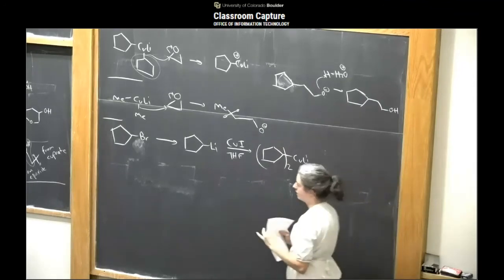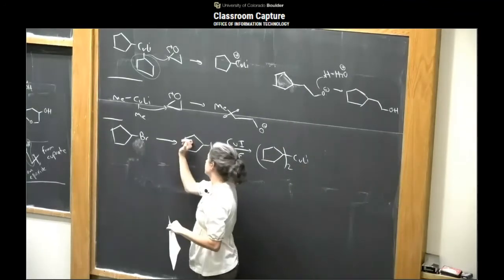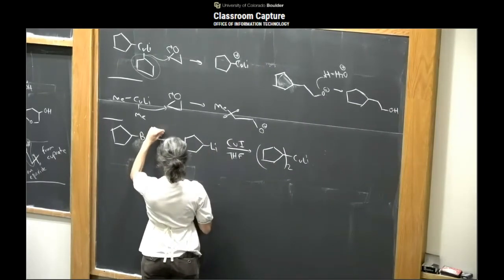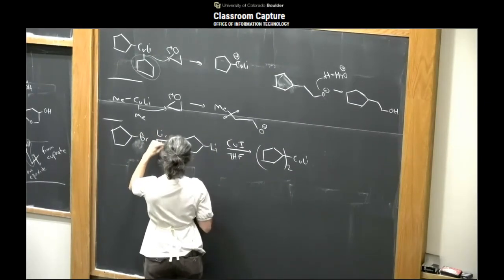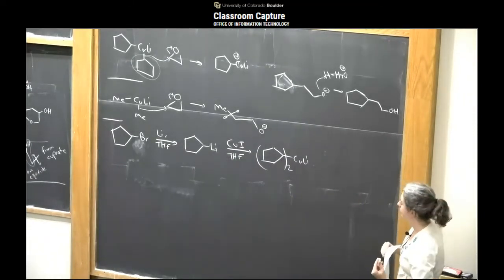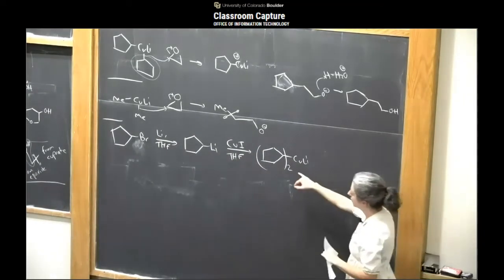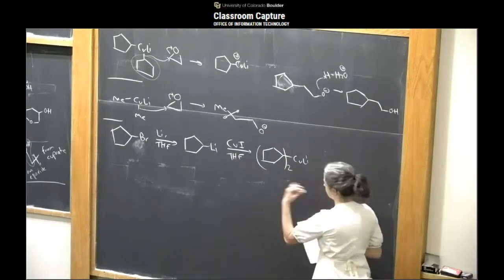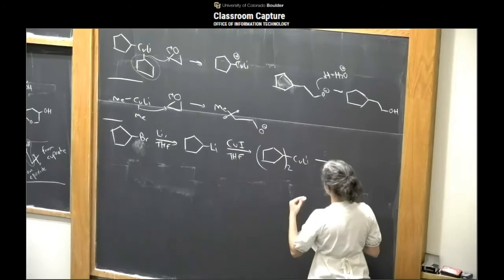Okay, so then I just have to actually make the alkyl lithium reagent in the first place, which is just going to be lithium and probably THF. Okay, so then from here, I can just do the last two steps. Let me write it all down in one place just so it's all together.